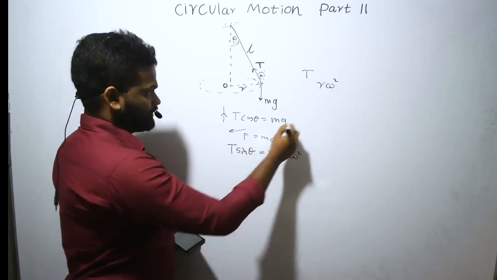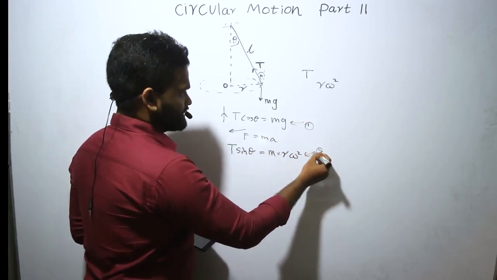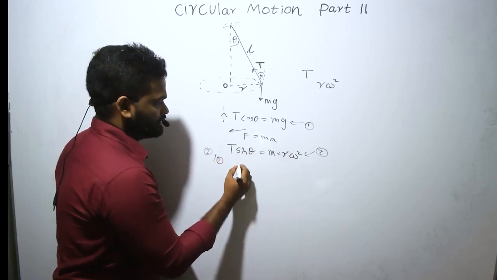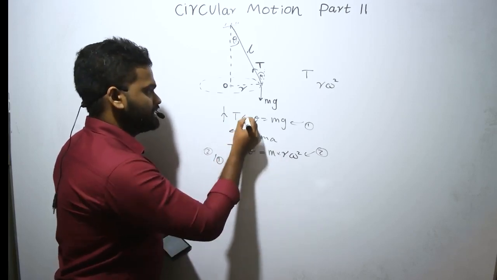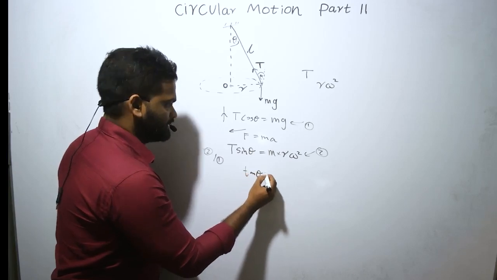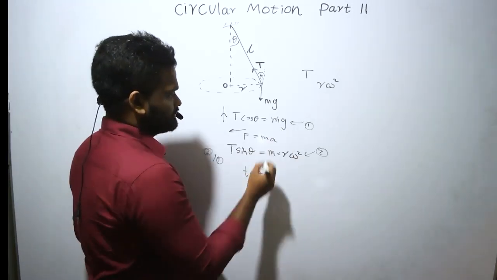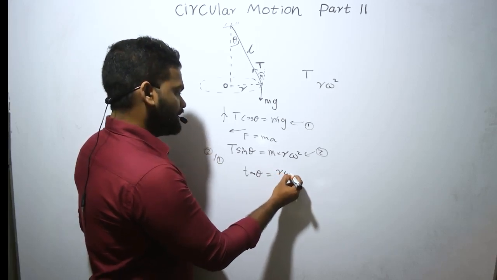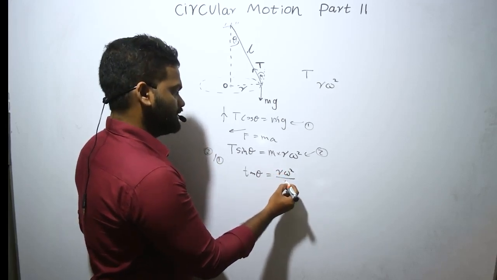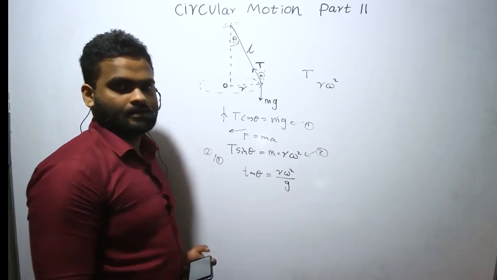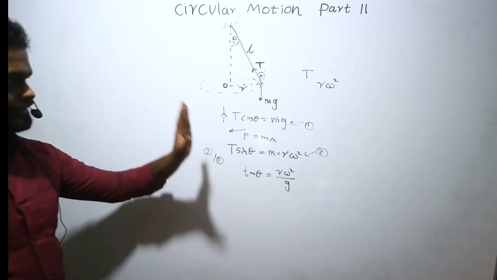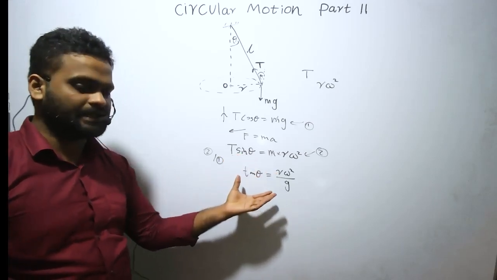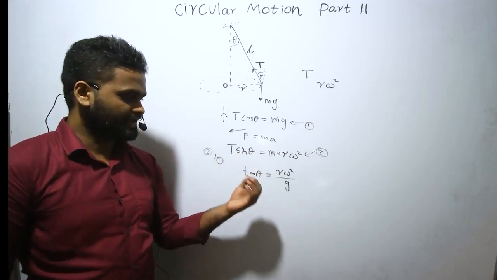Okay, so let's say this is the first equation, and this is the second equation. Just divide second by first. T cancels off, sin theta divided by cos theta, tan theta equals, mass cancels off, r omega squared divided by g, right? When it comes to these kinds of problems, they are a bit complicated for an inexperienced student.